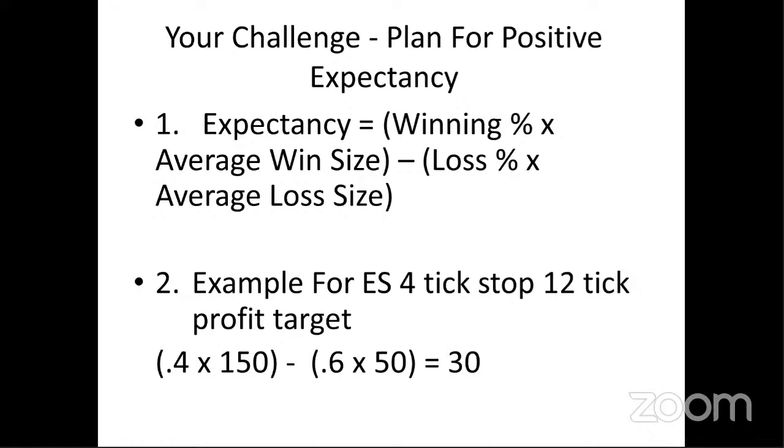If I'm even correct 40% of the time in my trades, I'm going to have a positive expectancy. So you may want to copy that down. 4-tick stop, 12-tick target on the E-mini will give you a positive expectancy, providing you have at least 40% of your trades that are profitable.